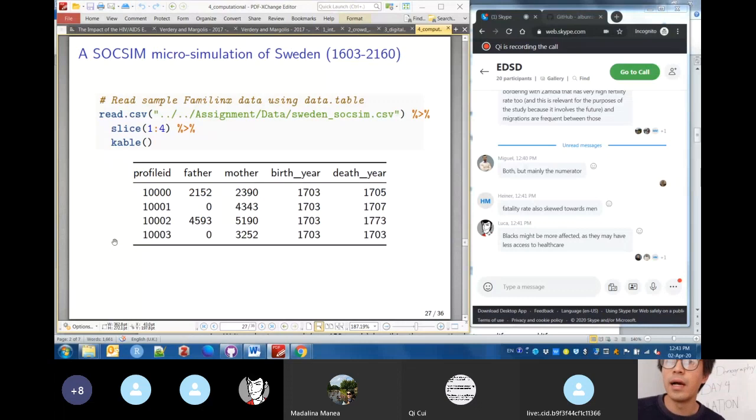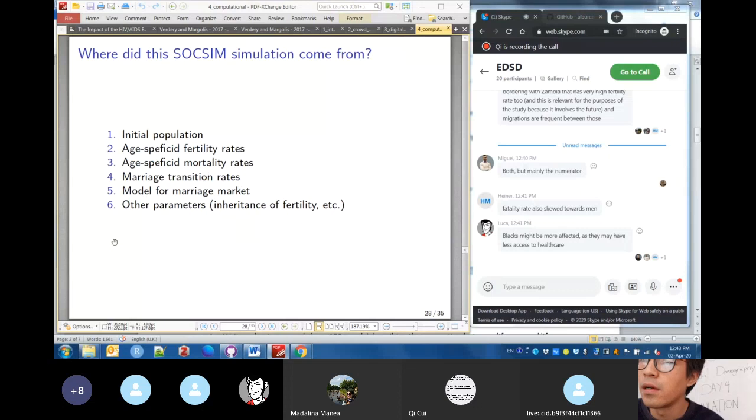All right, so this is the microsimulation of Sweden that we saw already. Sorry, there are typos, but I just wanted to go through what went into the simulation. How did we come to this simulated population?